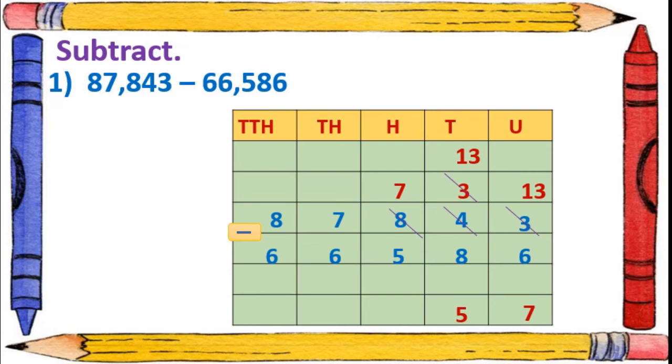And in the hundreds place, 7 minus 5 is equal to 2. And in the thousands place, 7 minus 6 is equal to 1. And in 10,000s place, 8 minus 6 is equal to 2. Now try to read the answer. Yes, you are right. That is 21,257.